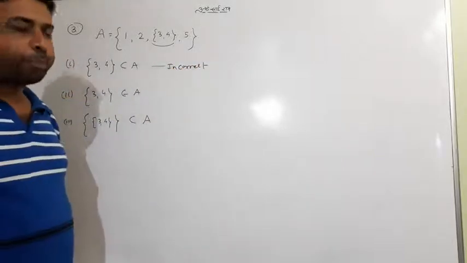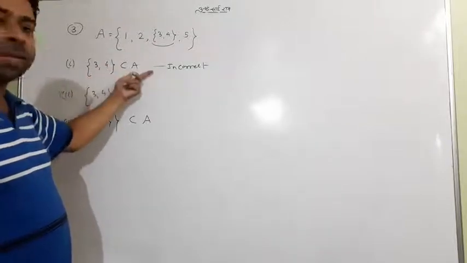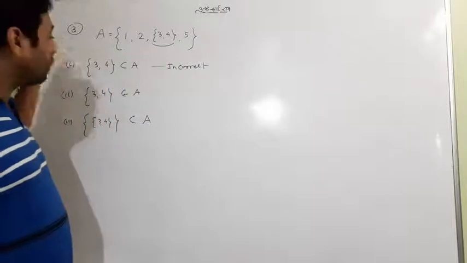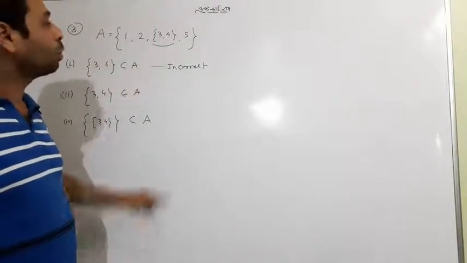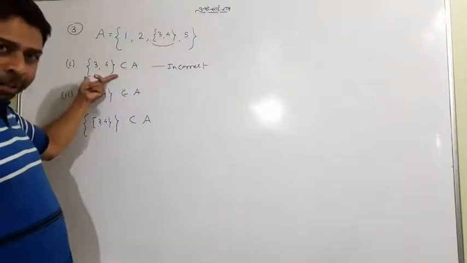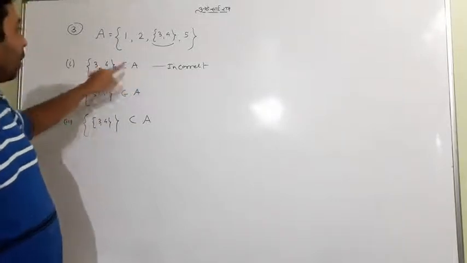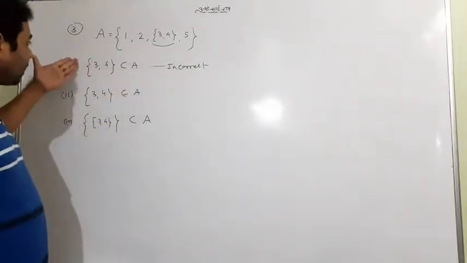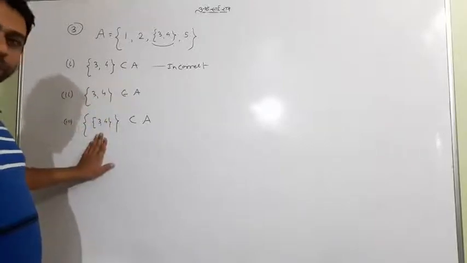Hope you are getting me. Because this time this is an element. An element is never a subset of A; only a set is a subset of A. This time it is working as an element, so we count it as an element, and an element always belongs to A. It is not a subset of A. Okay, besides that, if I want to see this one, what do you think?